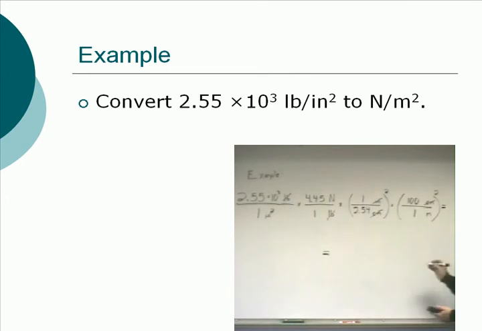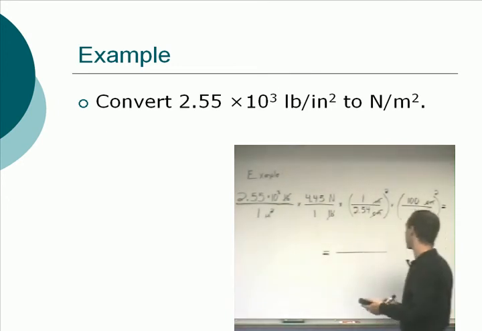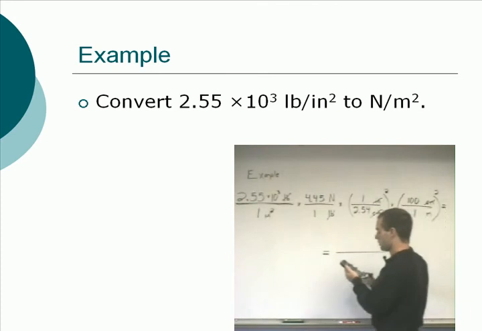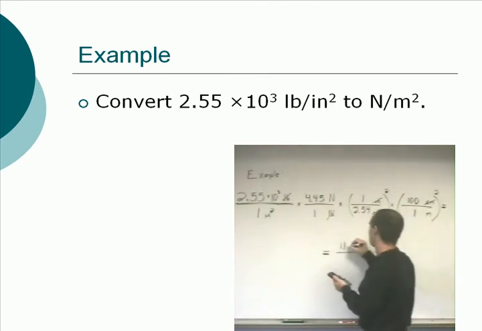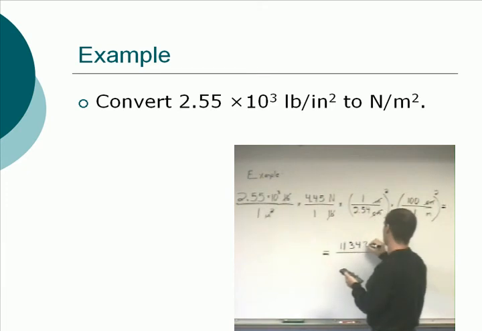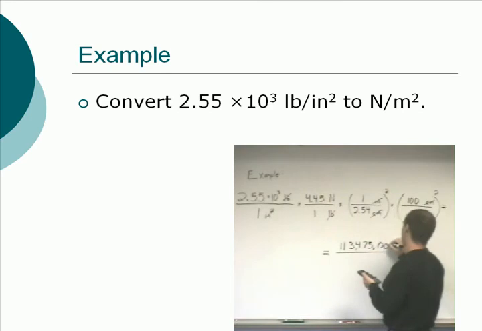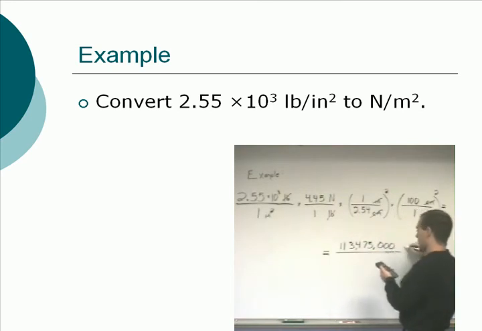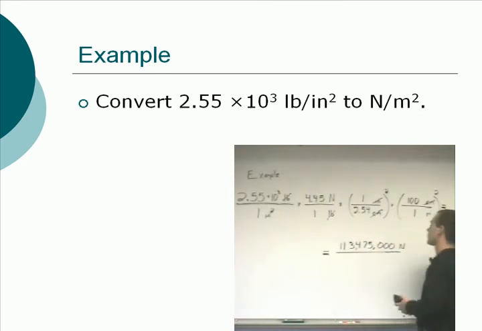So I'm going to leave plenty of extra sig digs here in our numerator. Did anybody else get the same thing in the top half of this fraction? Okay, good. The bottom half, that's not quite as tricky here.